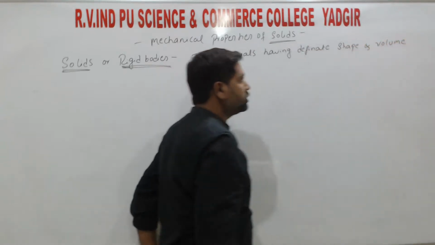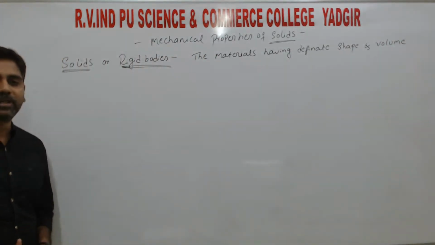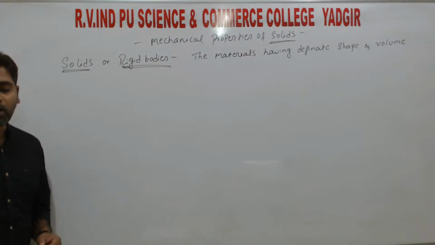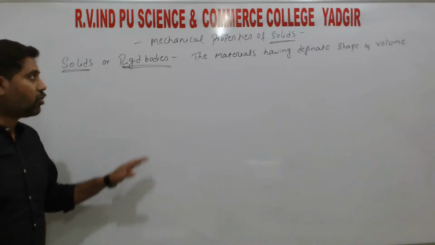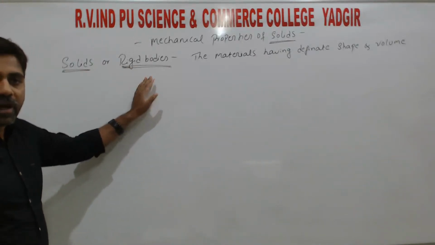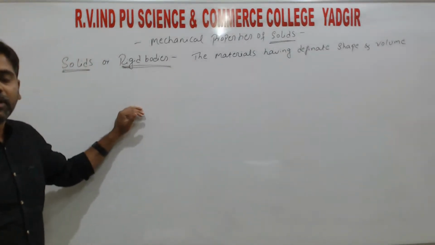Any material which has a definite shape and it has a definite volume, we call it a solid or rigid body. These play a very important role in our daily life, right?